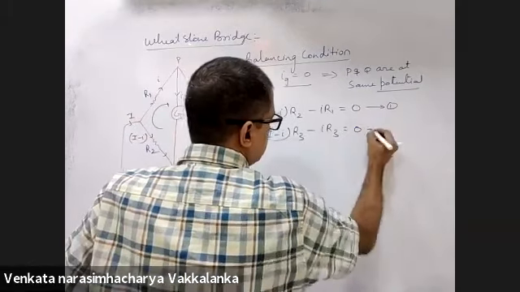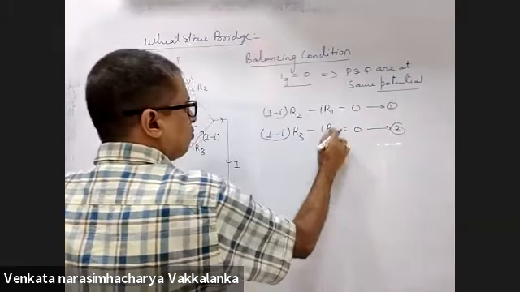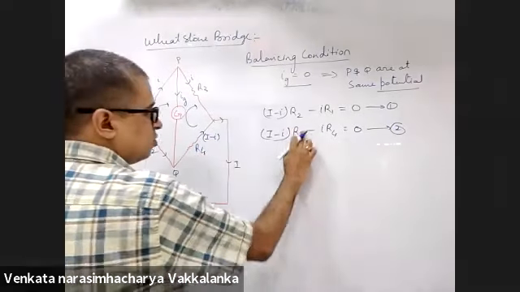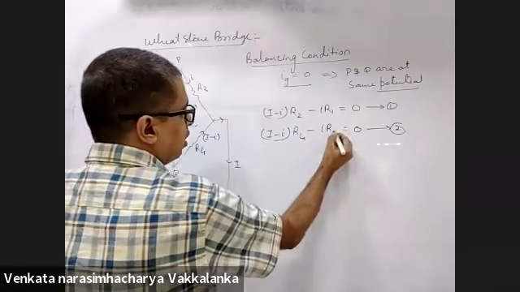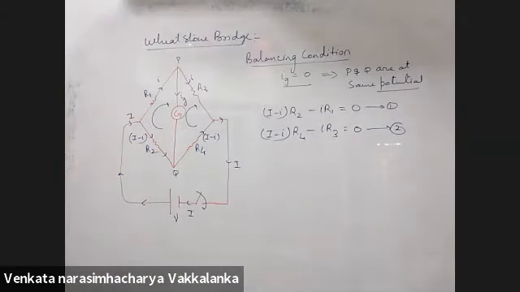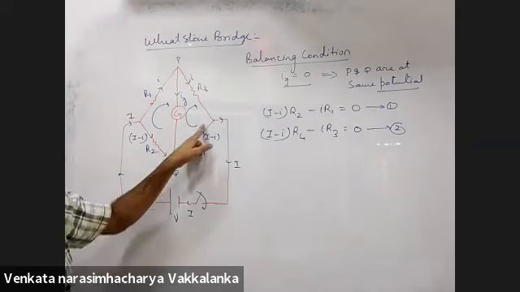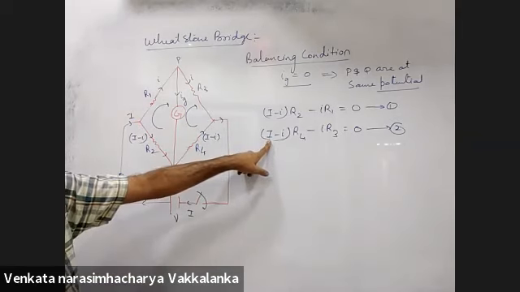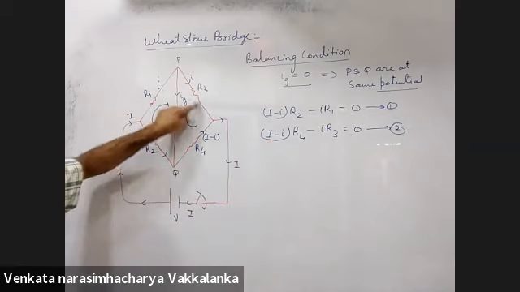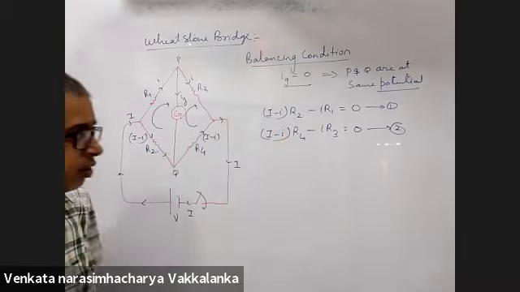This is R1, R2, R3, R4. Opposite to the direction of current, plus I into R. In the direction of current, i into R.